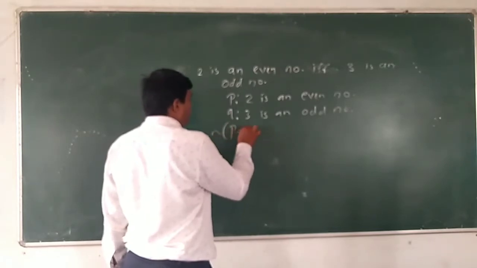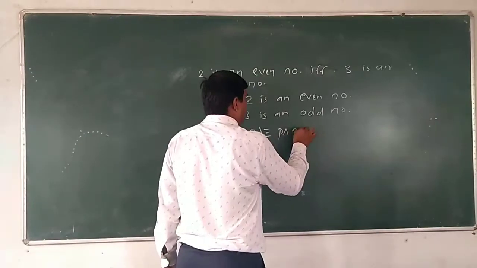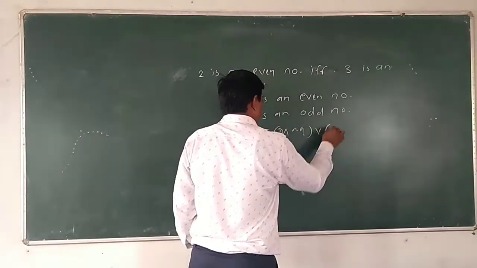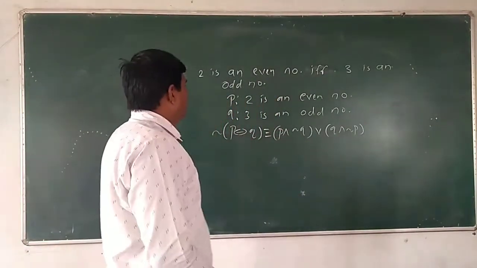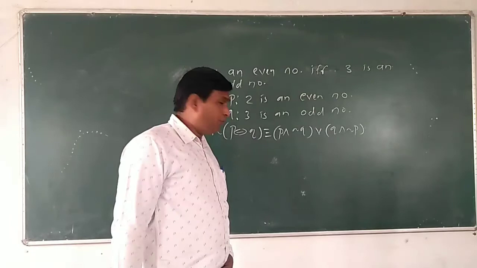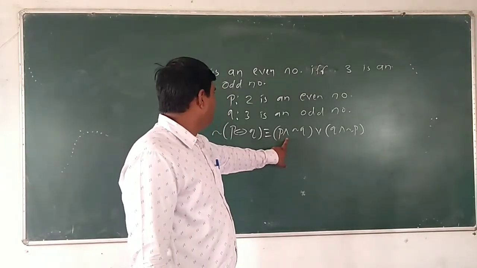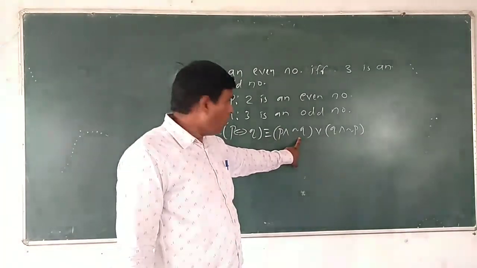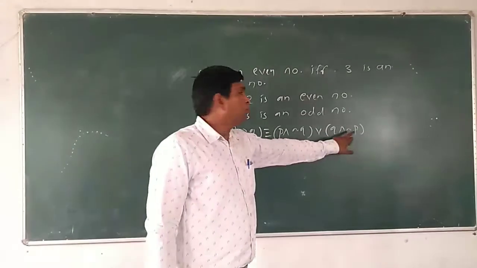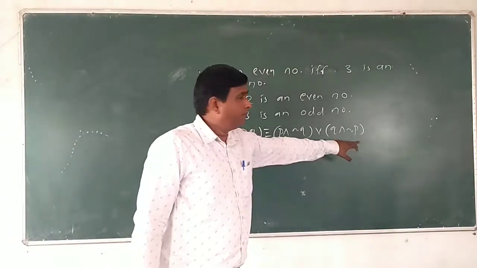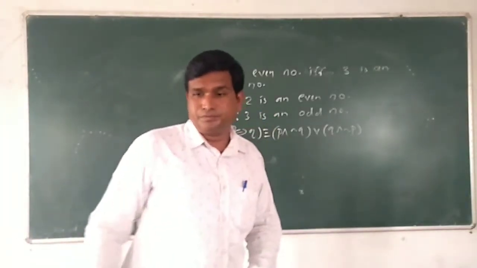Negation of P double implication Q is equal to P and not Q, or Q and not P. The symbolic form of this negation will be: 2 is an even number and 3 is not an odd number, or 3 is an odd number and 2 is not an even number. This is the negation of double implication.